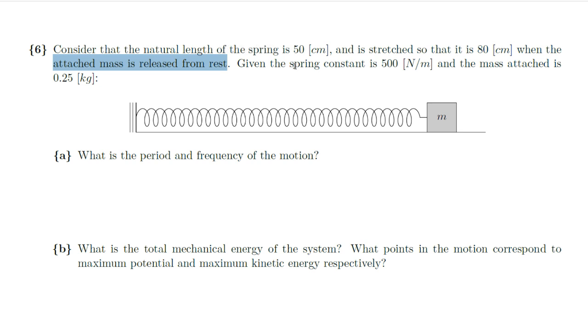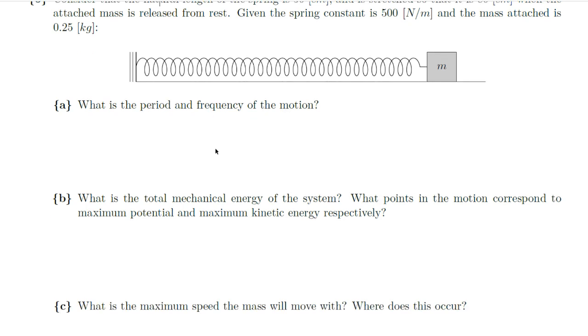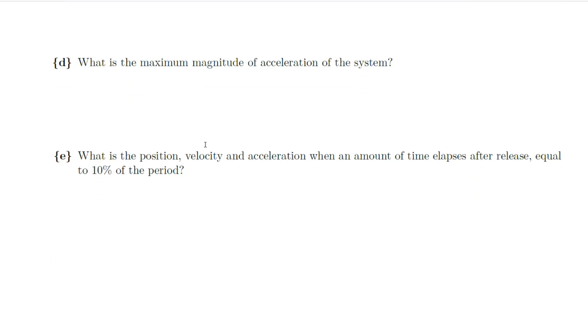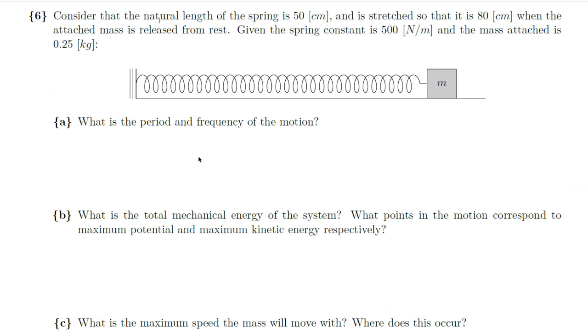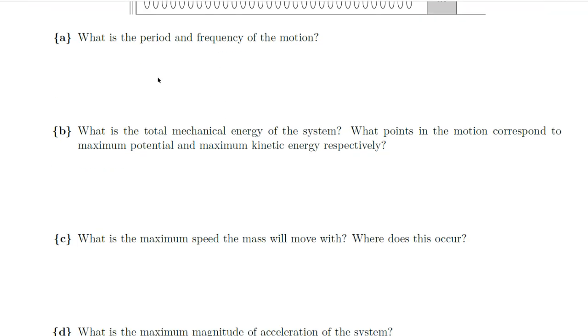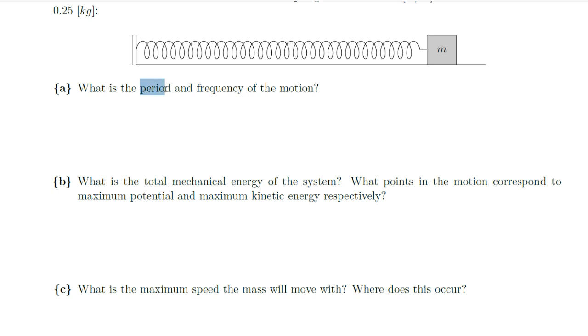I give you that the spring constant is 500 newtons per meter, and the attached mass is a quarter of a kilogram. Given all of this, we're going to figure out these few things, and they're largely plug and chug. Give me the equation, plug it in. So first, we're going to determine the period and the frequency of the motion. So we're going to write the equations for those.